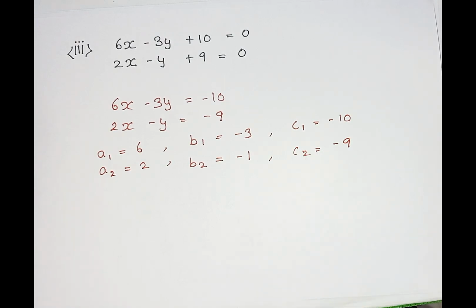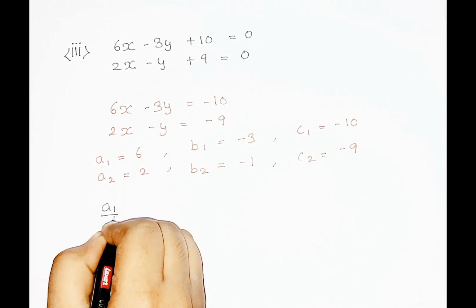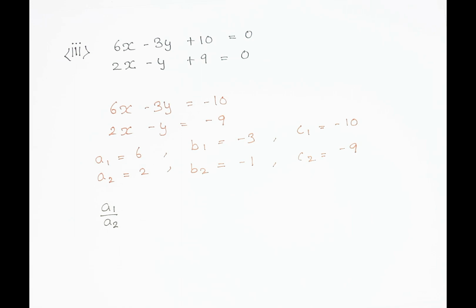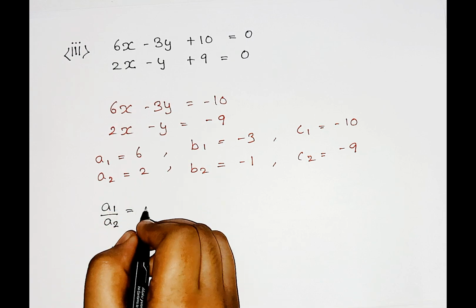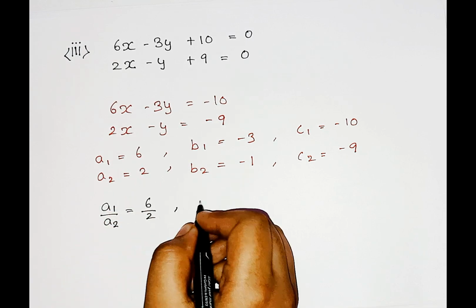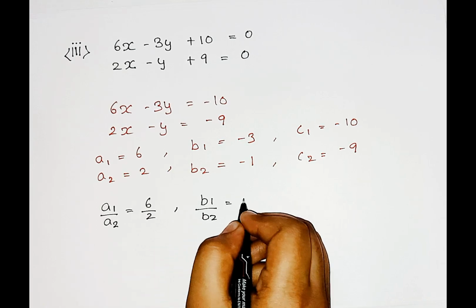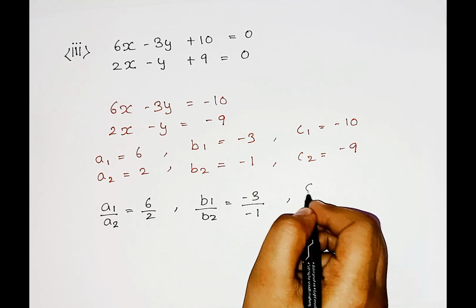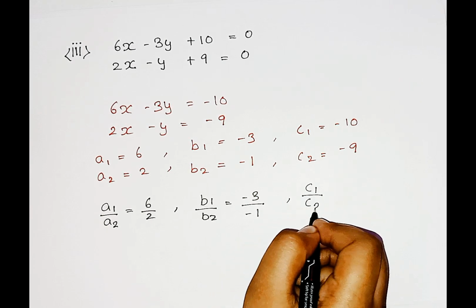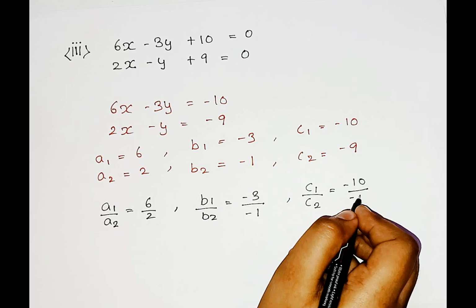Okay, so now we can write a1 by a2. Okay guys, so now let's write the a1 divided by a2, that is 6 by 2, and then b1 by b2 is equal to minus 3 divided by minus 1 and then c1 divided by c2, that is minus 10 by minus 9.